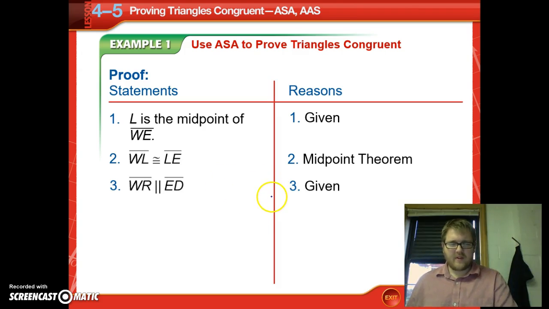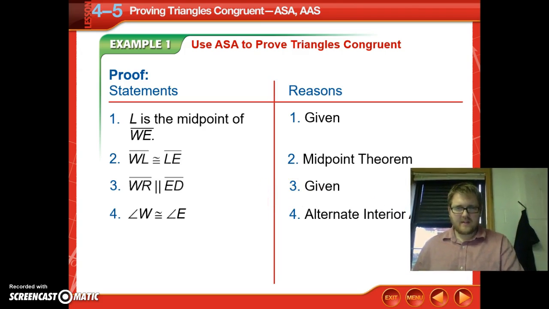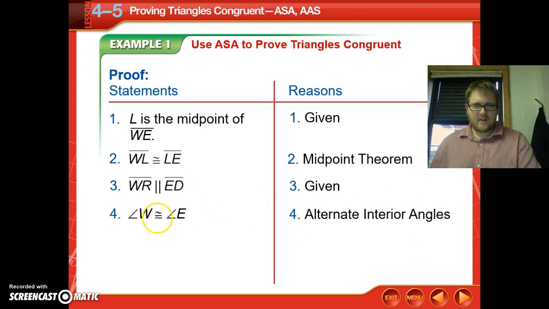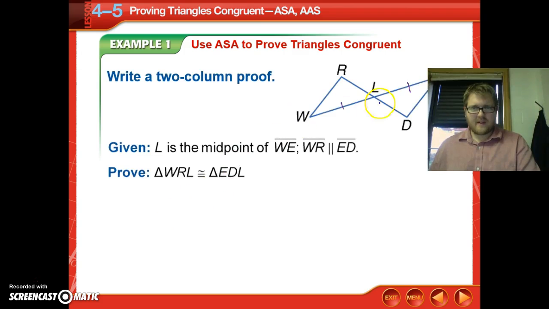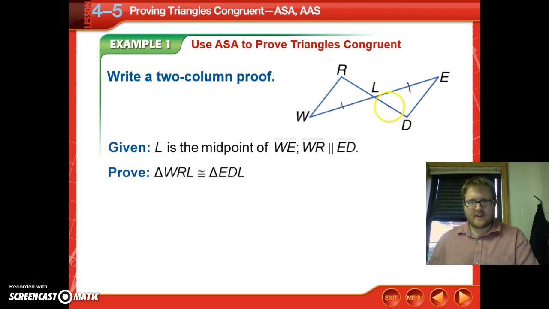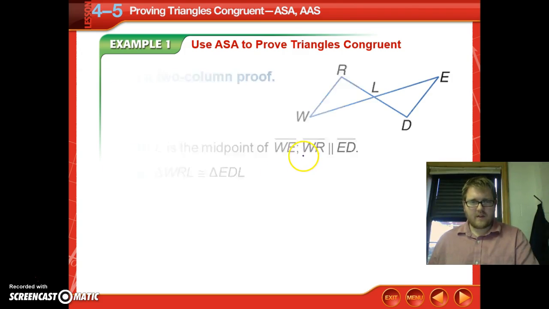we are given that WR and ED are parallel, and therefore angles W and E are alternate interior angles and thus congruent. If we look back, because these two lines are parallel, we can say that this transversal runs through them and makes angle E and angle W congruent.